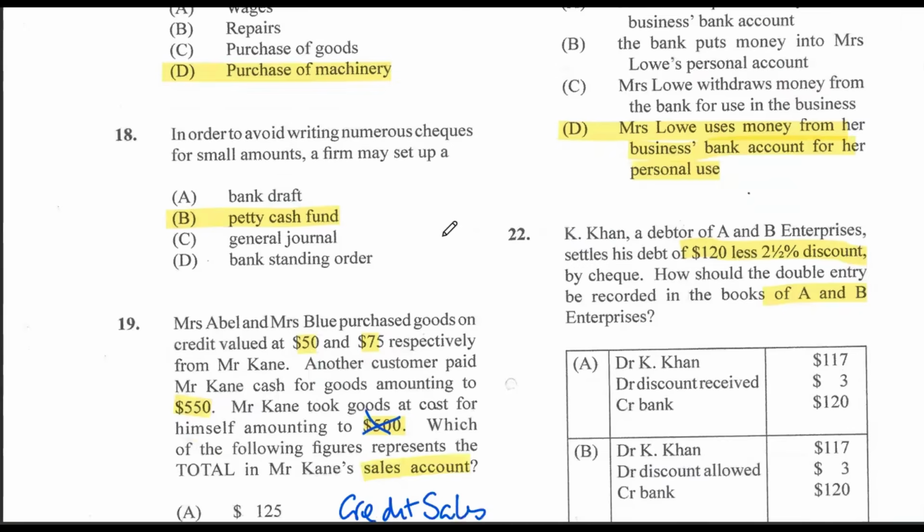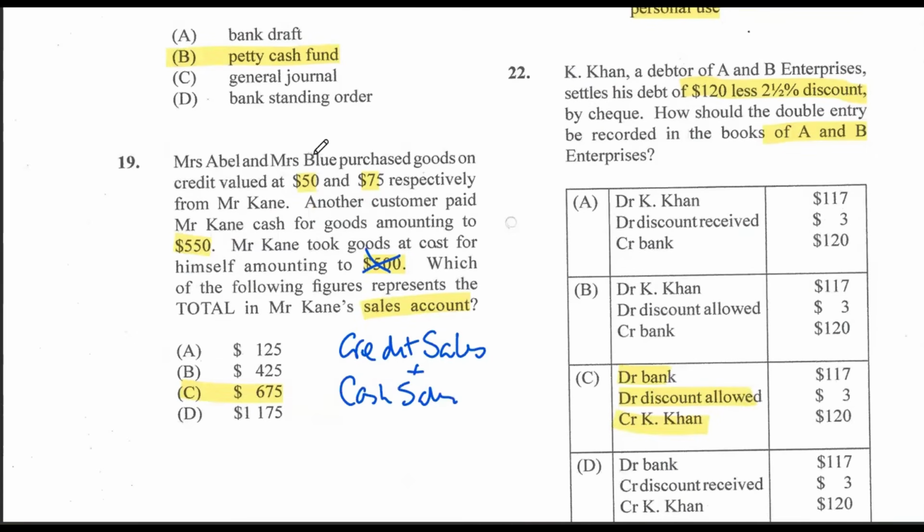Question 19. Mrs. Abel and Mrs. Blue purchased goods on credit valued at $50 and $75 respectively from Mr. Kane. Another customer paid Mr. Kane cash for goods amounting to $550. Mr. Kane took goods at cost for himself amounting to $500.